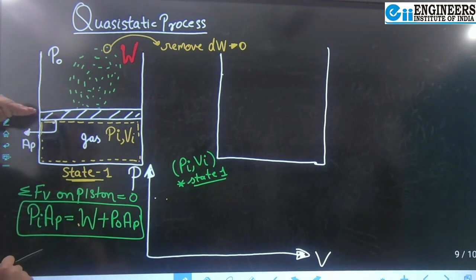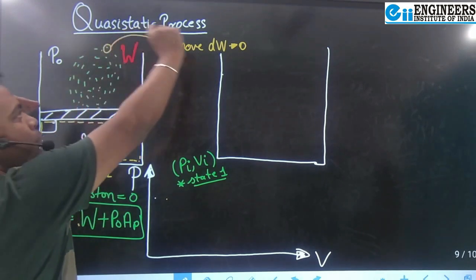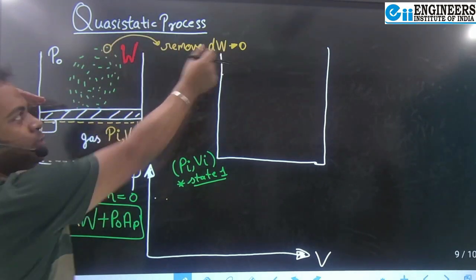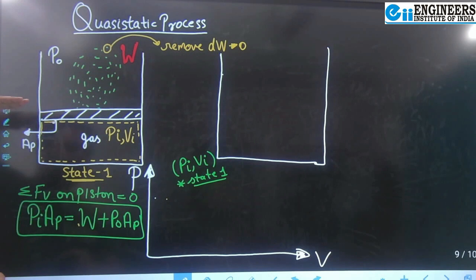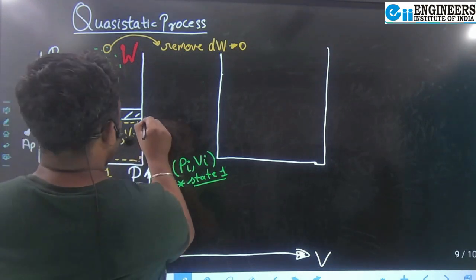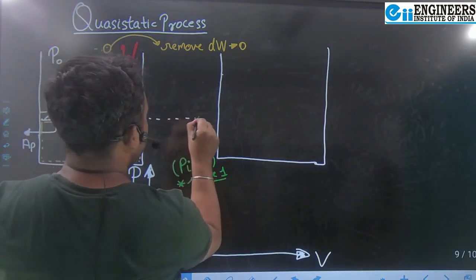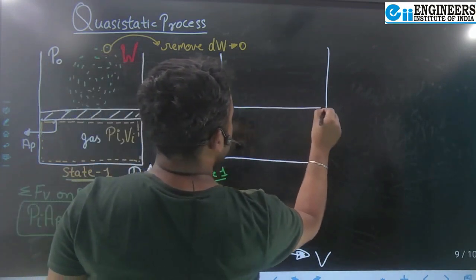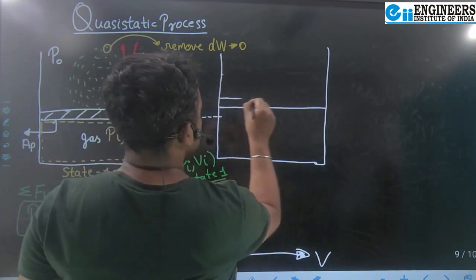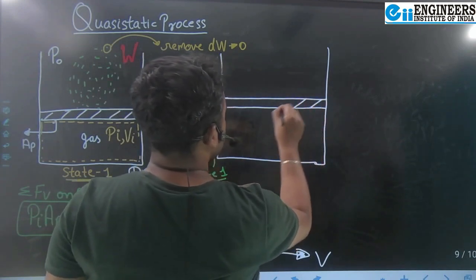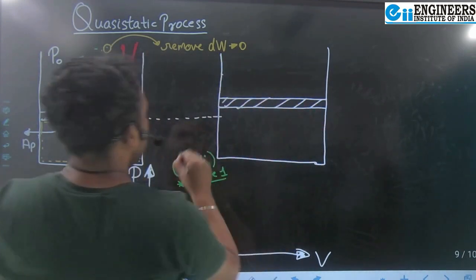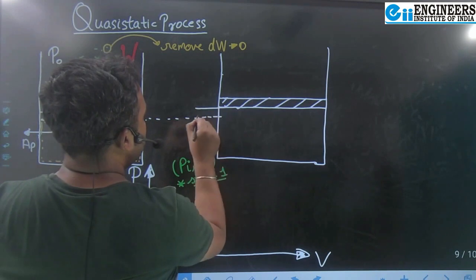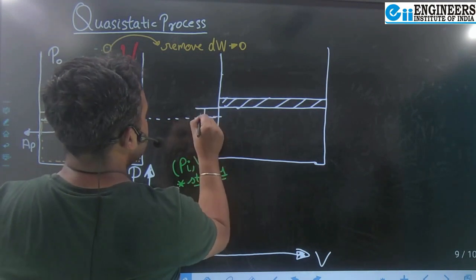A very small displacement of the piston will be there in the upward direction due to the removal of this small weight dW. So now the piston will move slightly upward. Let's say the piston position came here. How much distance has it moved up? This much distance.